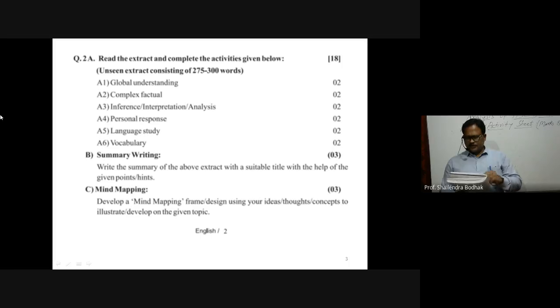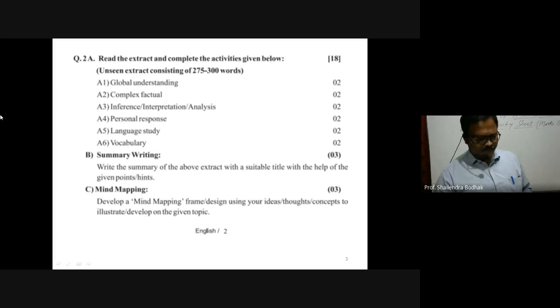Like first, if you draw like a web and then you write in the middle benefits of reading, and then you draw a branch, understanding great people, great ideas. So you can draw sub branch also, and then you can add more information about that particular point which is given. So that is called mind mapping.